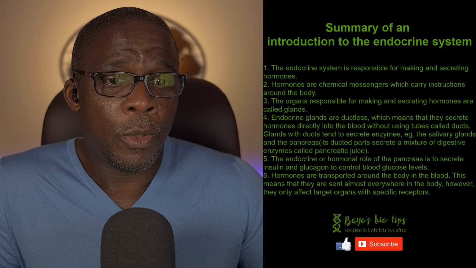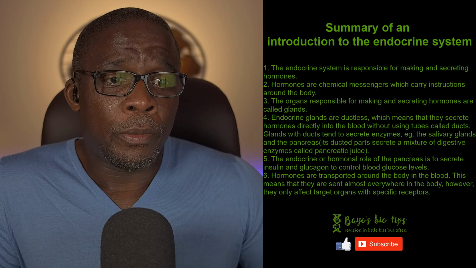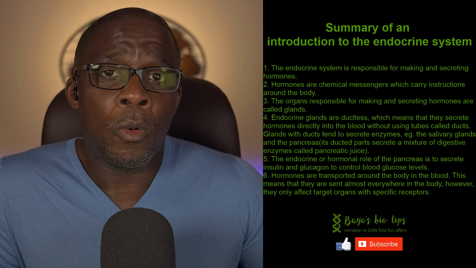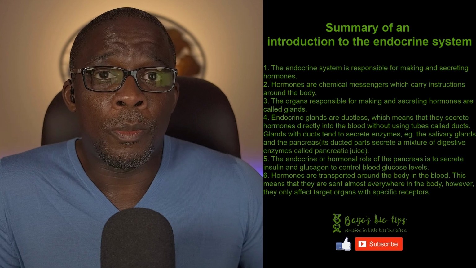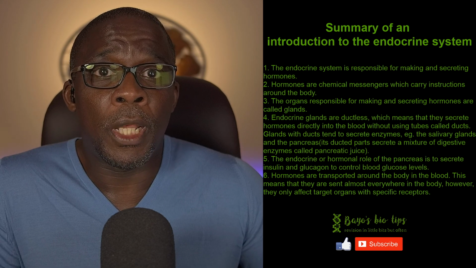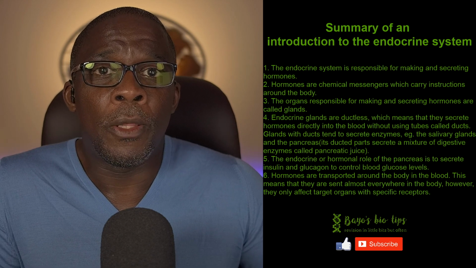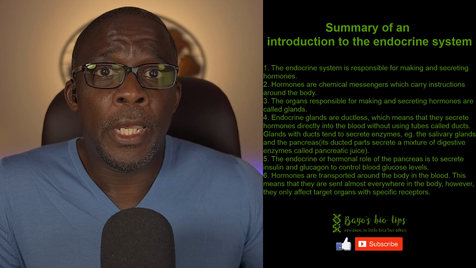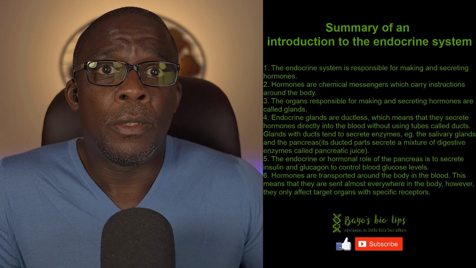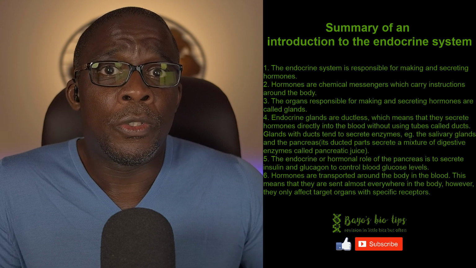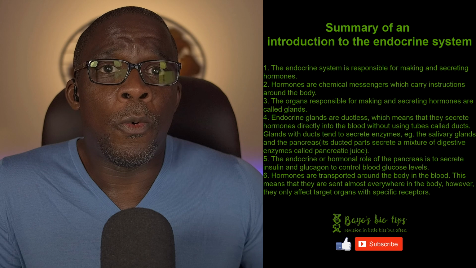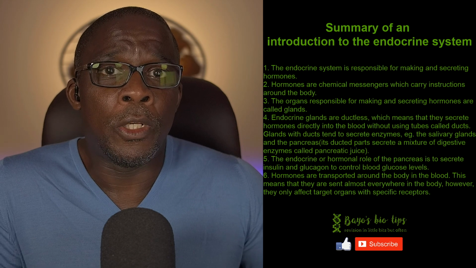And then we went on to talk about how hormones are transported around the body. They're transported in the blood and go everywhere. But as I said, they will only bring about their responses in specific tissues and organs with receptors for that particular hormone and nowhere else.